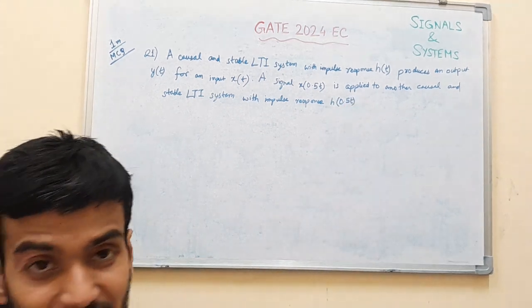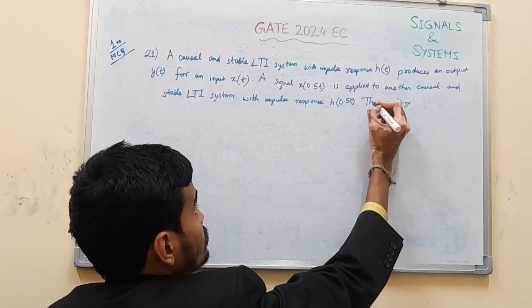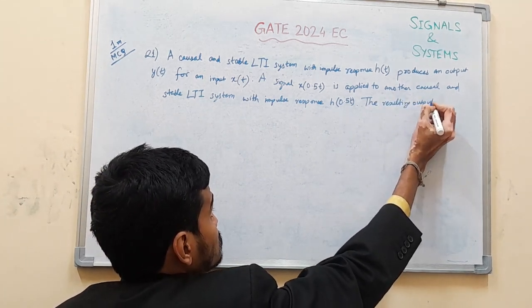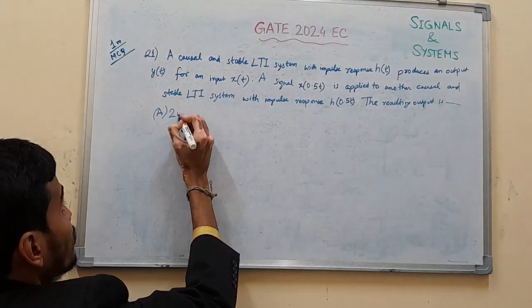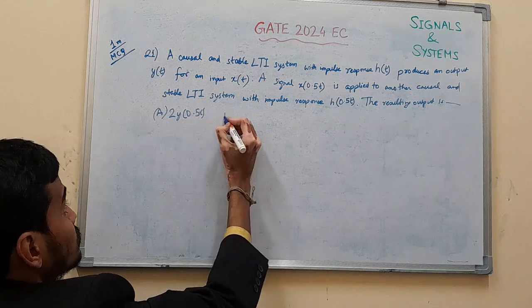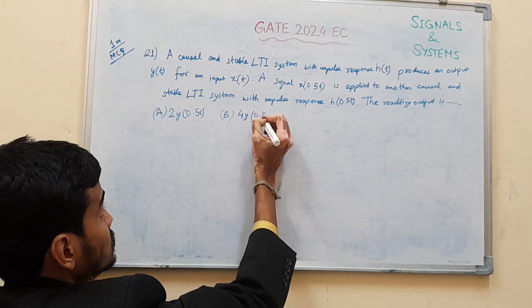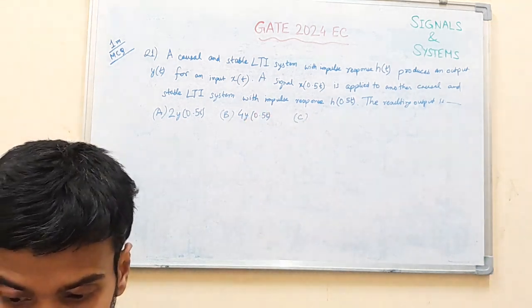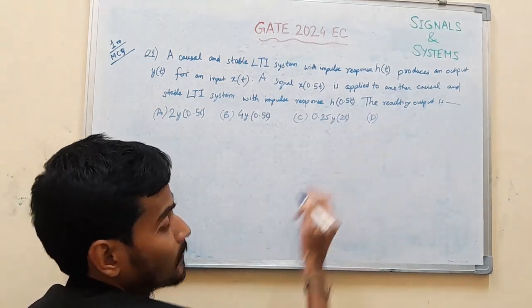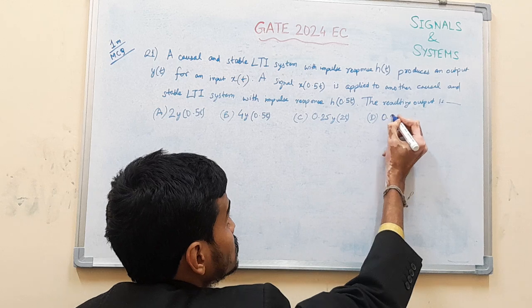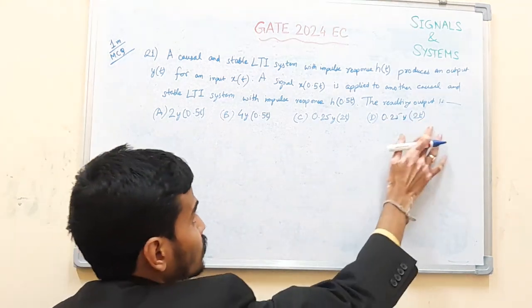The resulting output is... The options given are A, 2y of 0.5t; B, 4y of 0.5t; C, 0.25y of 2t; and D, y of 0.5t.